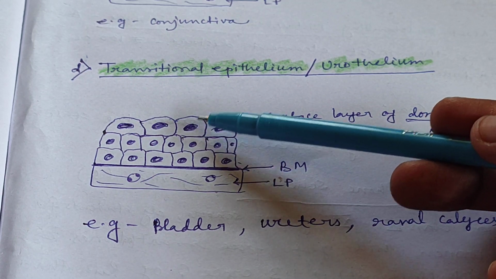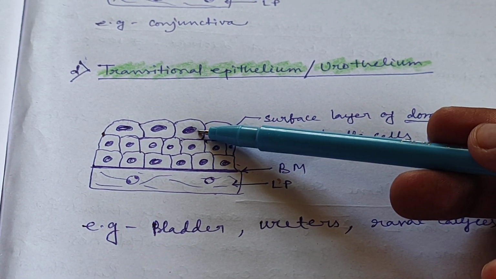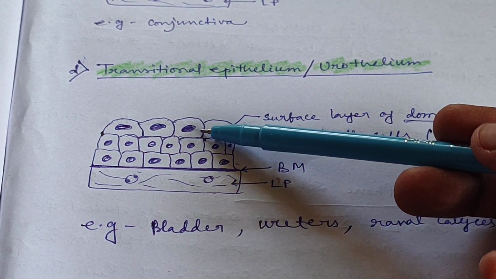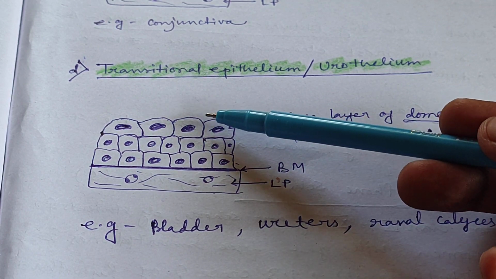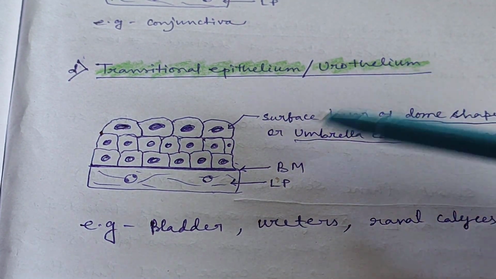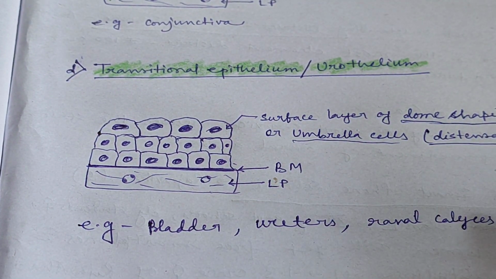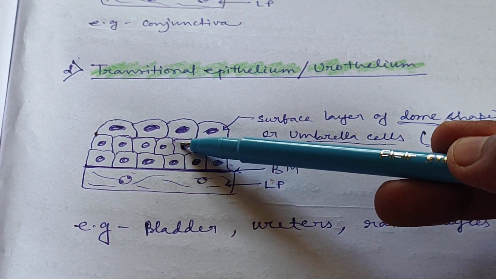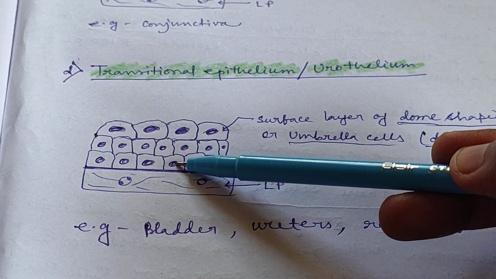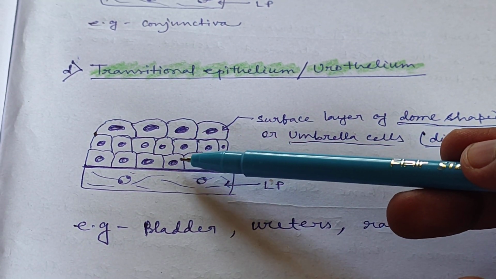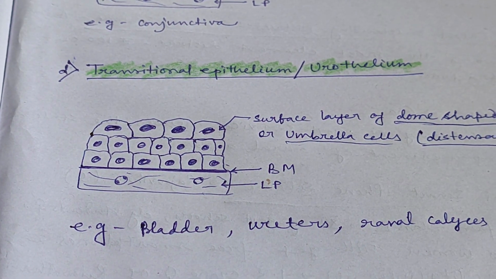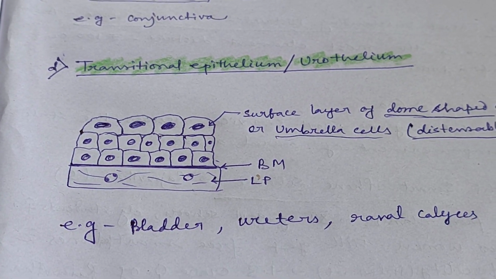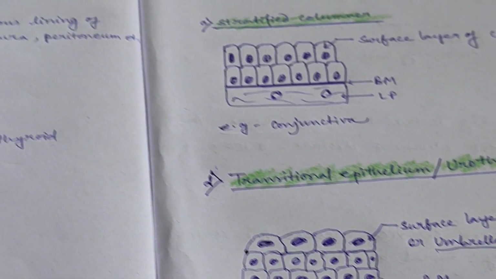So that means this type of transitional epithelium gives the distensibility of your urinary tract like bladder, ureters, renal calyces, etc. They also protect the underneath layer from the toxic effect of urine. Okay, so these are all the 4 types of stratified epithelial tissue.